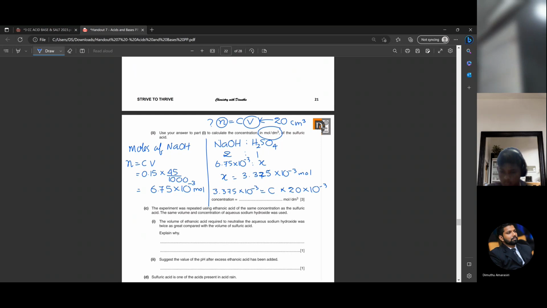The concentration will then be 1.6875 into 10 to the power minus 2... 0.016875.